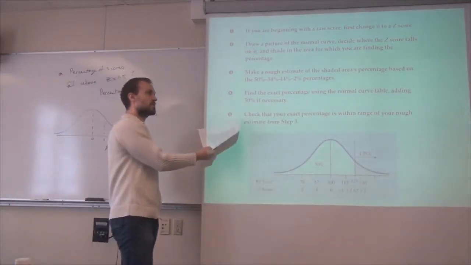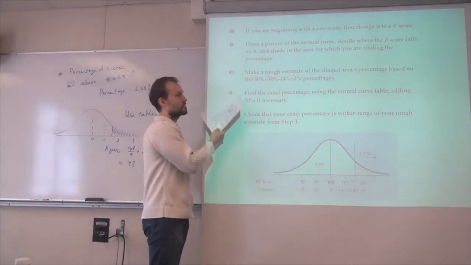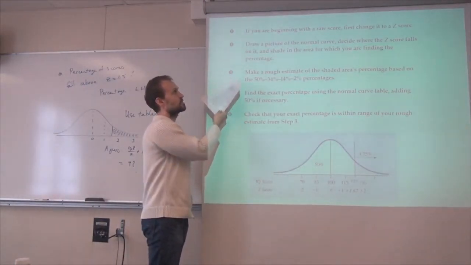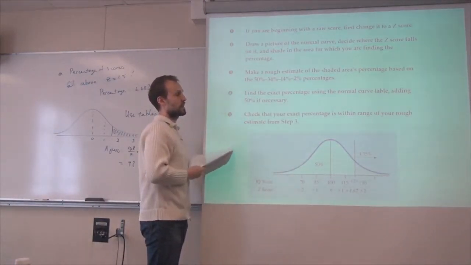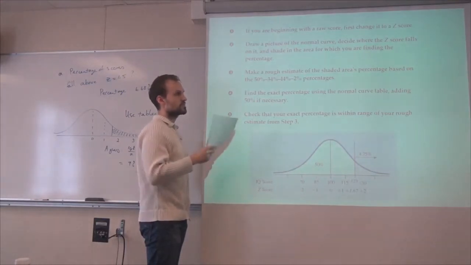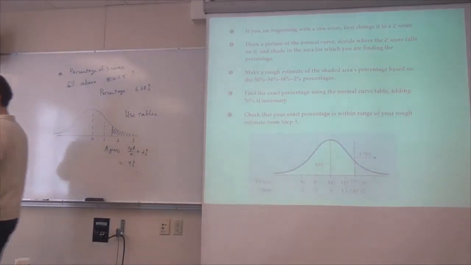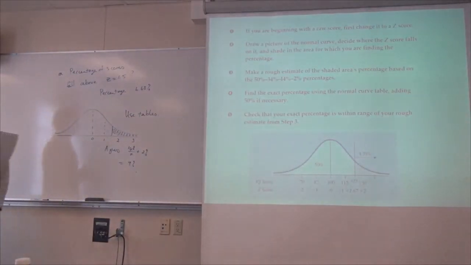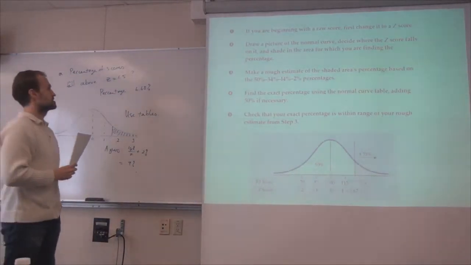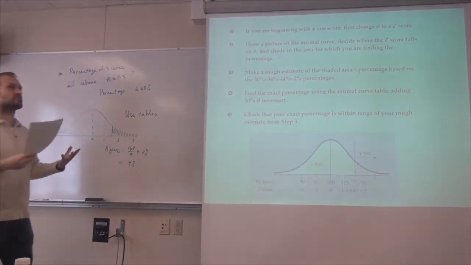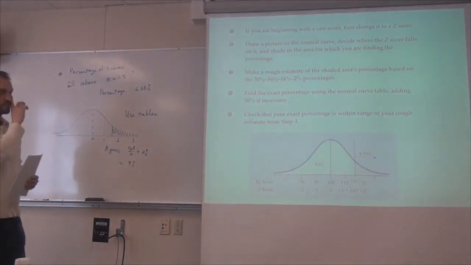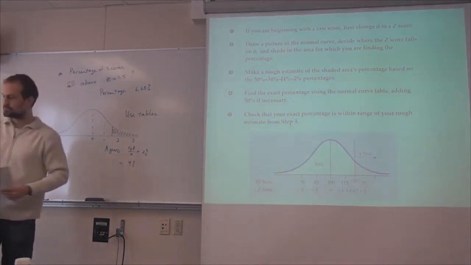And then compare that. Think about the exact number you're getting and how it compares to your rough guess. Are they sort of in the same range? Are they drastically different? If they're drastically different, then one of the two is not right. So you have to have some sort of way to check your answer.